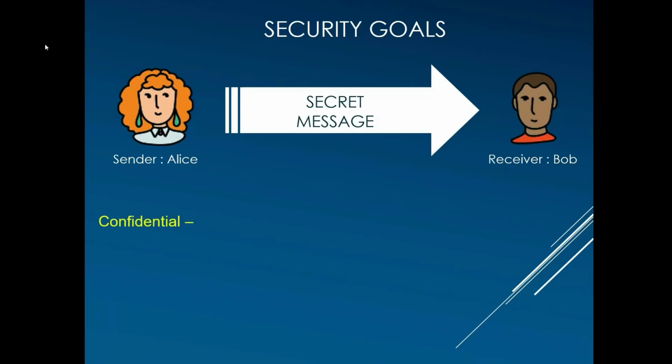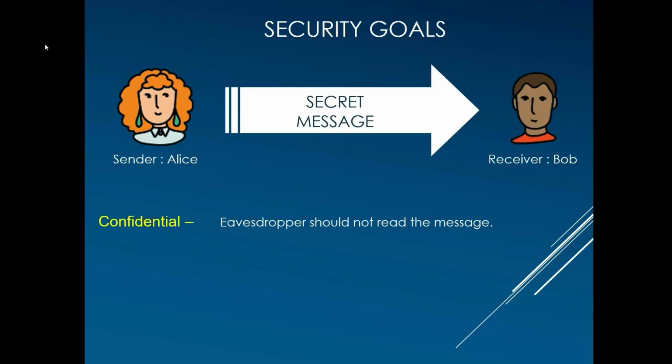A message should not be readable by unauthorized users. It should be readable only by authorized users. So a good cryptographic algorithm has to ensure confidentiality of the data, that is, secrecy of the transmitted data. So the eavesdropper should not be able to read the message.